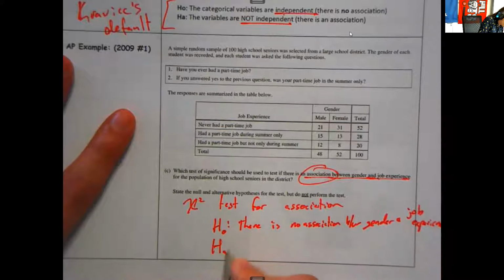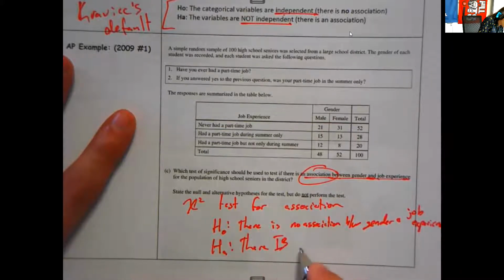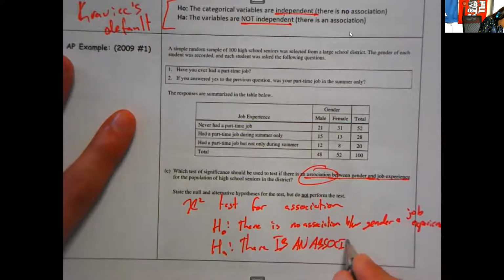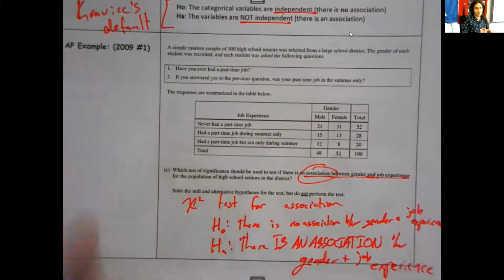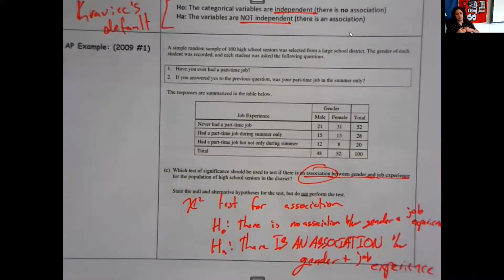And the Ha then is there is an association between gender and job experience. So you could have stated those in terms of independence as well. They are independent and they are not independent.